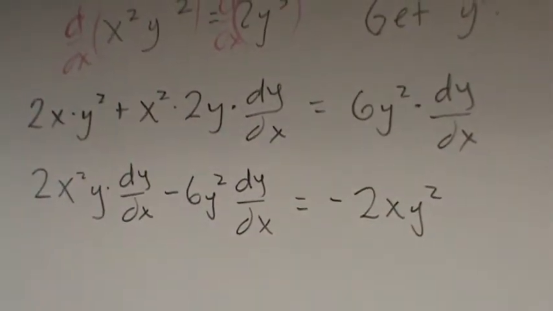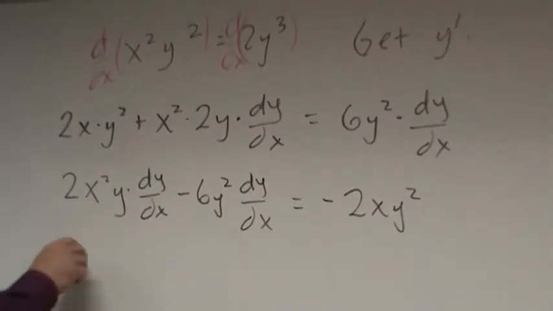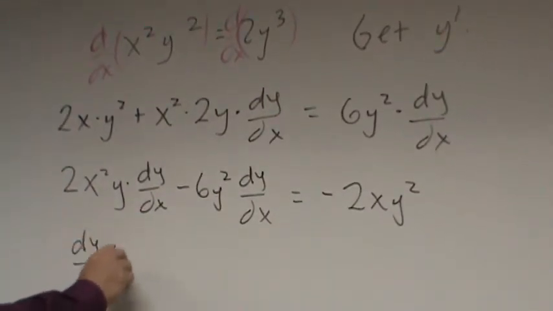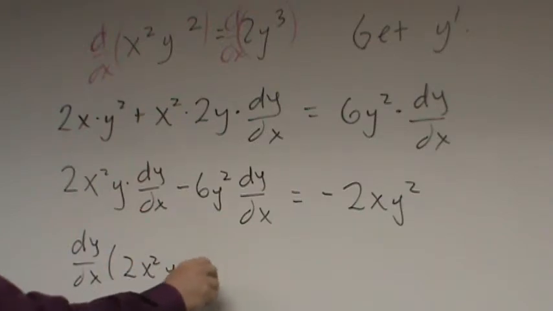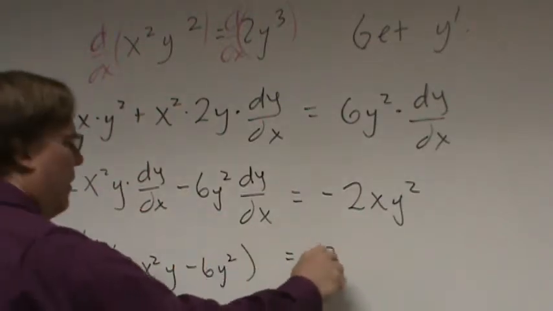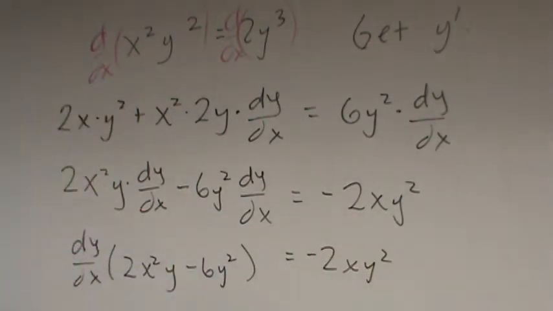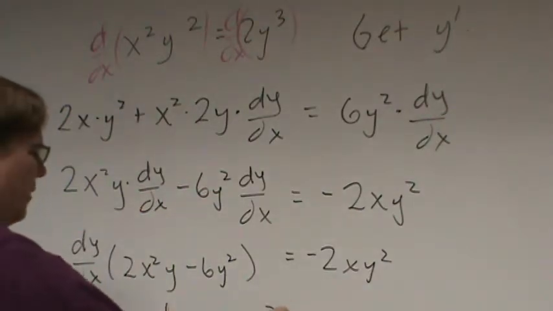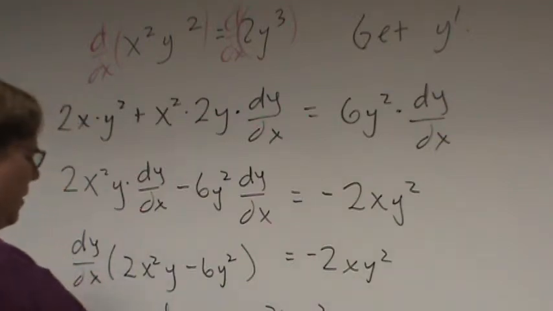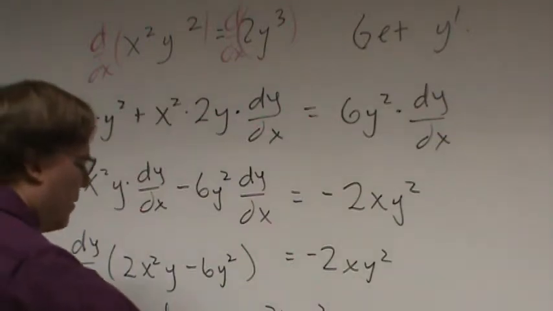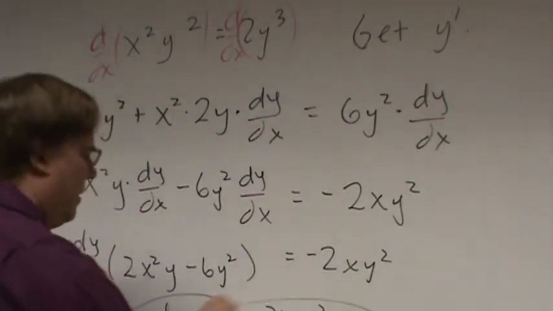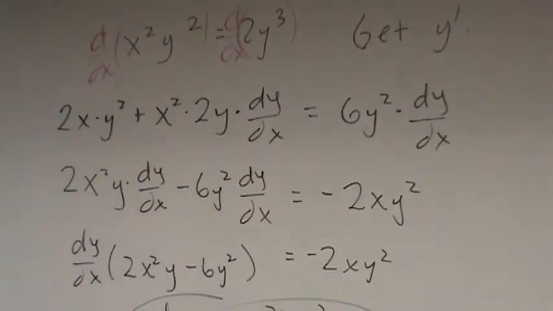Now I'm going to factor the dy/dx's out. dy/dx times (2x squared y minus 6y squared) equals negative 2xy squared. And then I'll divide. I got negative 2xy squared over 2x squared y minus 6y squared, and ta-da.